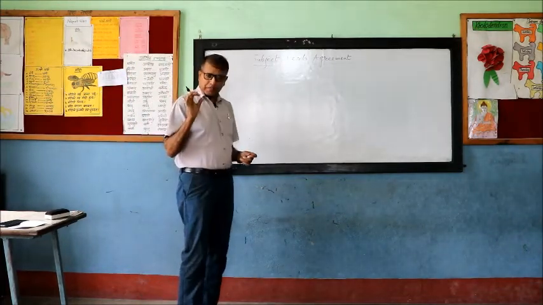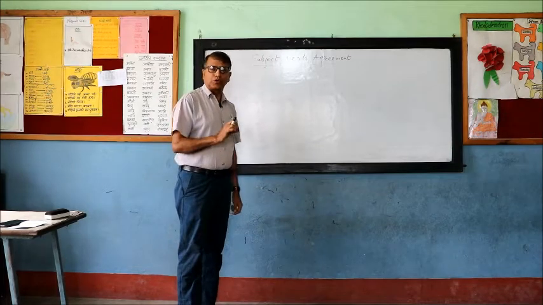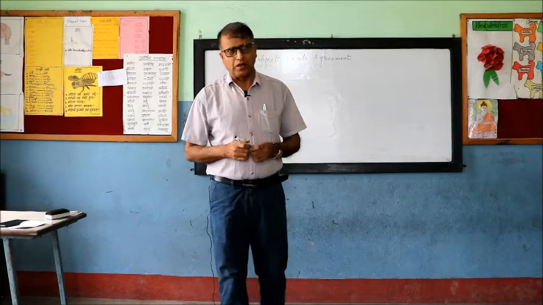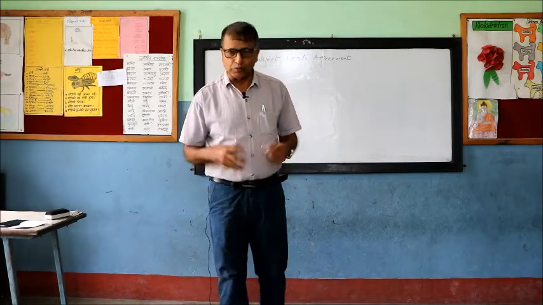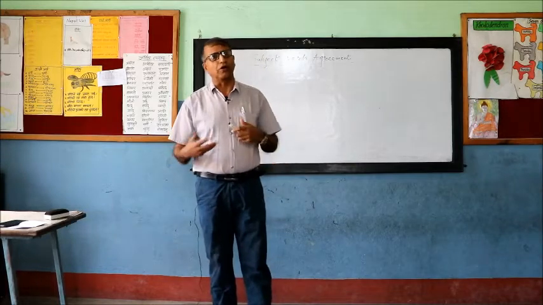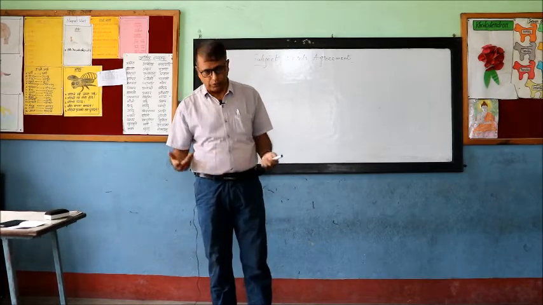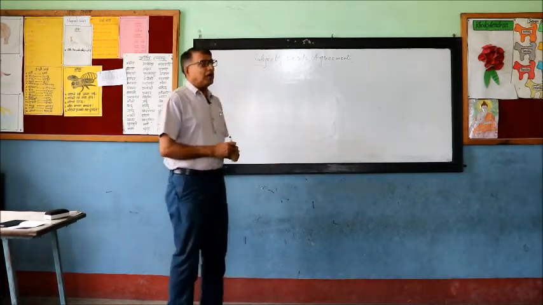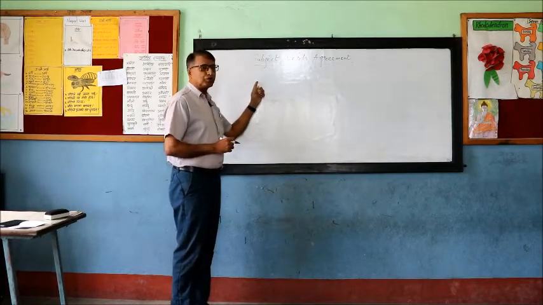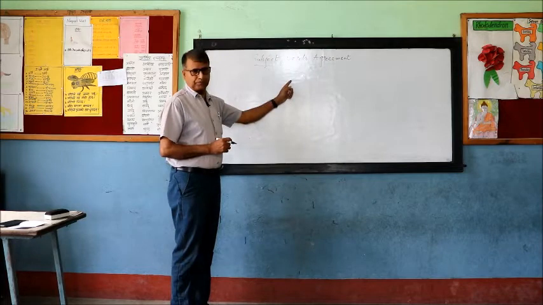If the subject is singular, we use singular verb. If the subject of the sentence is plural, then we use plural verb. That you all know. Sometimes what happens, there can be two singular subjects in a sentence.